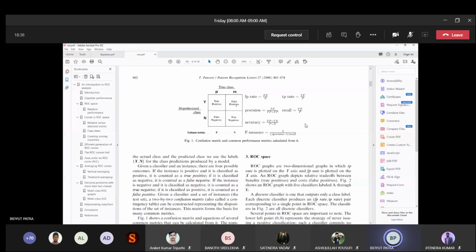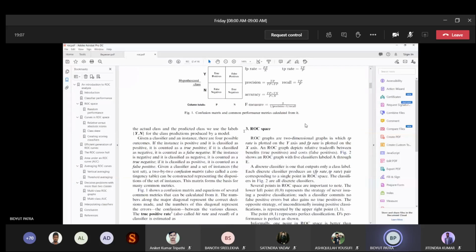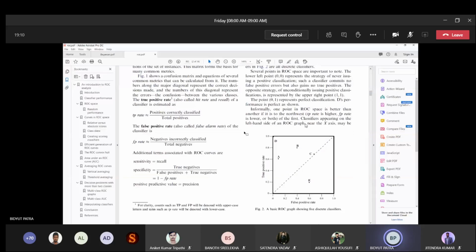So all negative samples are treated as positive class, and no positive sample can actually be identified. Therefore, the false positive rate will be 1, and the true positive rate will be 0, when the classifier cannot identify even a single sample. So this value will be 1 and this value will be 0.